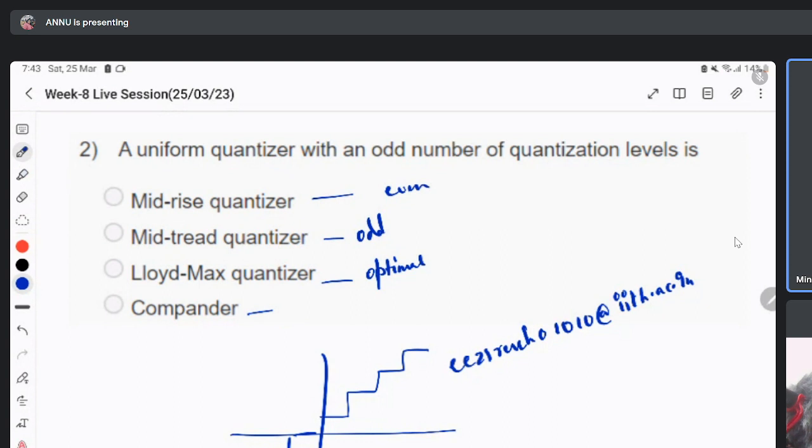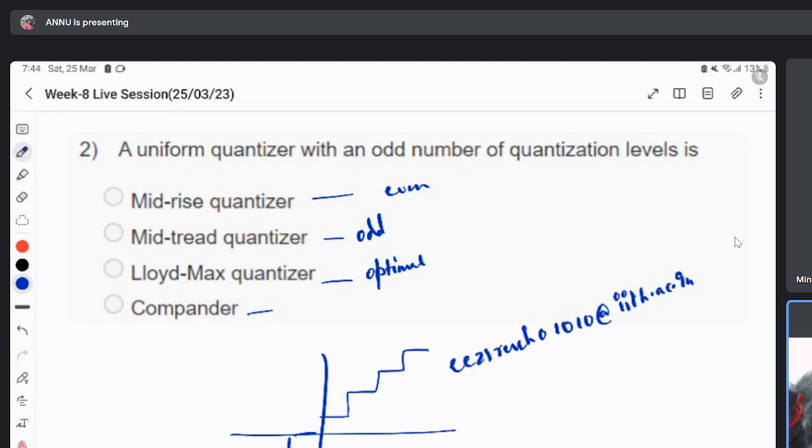Companding is used where large amplitude signals with large frequency have a lesser chance of occurring, so we don't need much refinement while quantizing them. But for signals which occur regularly at a smaller amplitude, we expand their range. So this is companding.